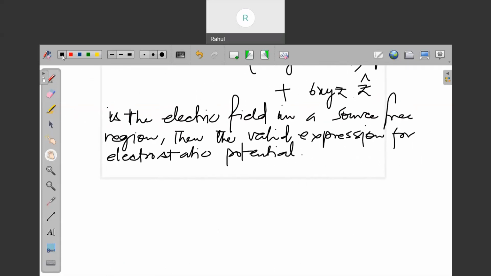So what are the options given? They have given you option A, B, C, and D. In the options they have given electrostatic potential.